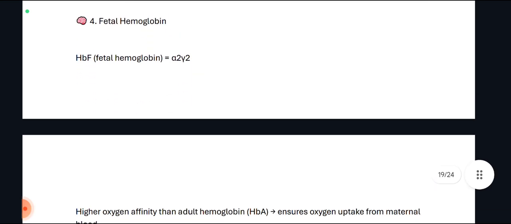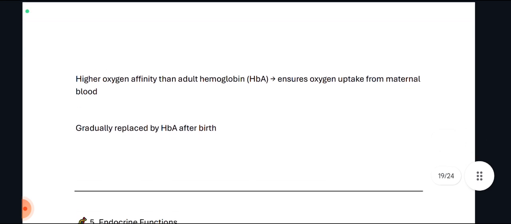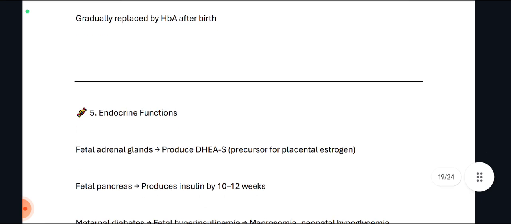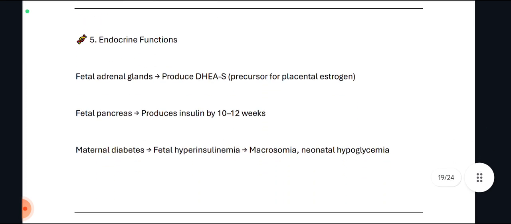Now fetal hemoglobin, as we know, has four chains, 2 alpha and 2 gamma chains rather than 2 beta. This fetal hemoglobin has higher oxygen affinity than adult hemoglobin. This ensures that oxygen is taken up from the maternal blood and sent to the fetal blood, and this is gradually replaced by adult hemoglobin after birth.